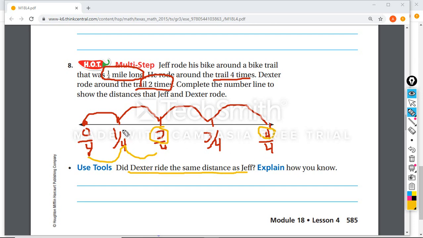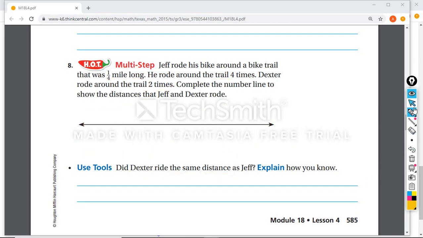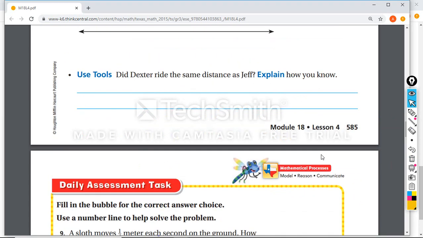So going around the bike trail 4 times is greater than going around twice, because Jeff went the whole mile and Dexter only went 1/2 mile. Very good. Hope you got that one.